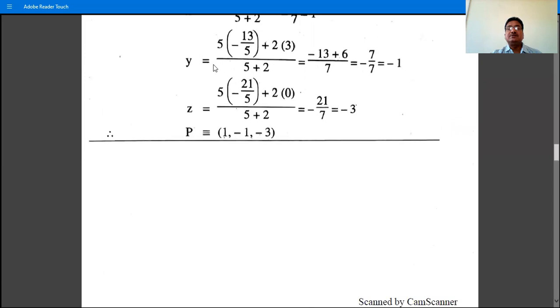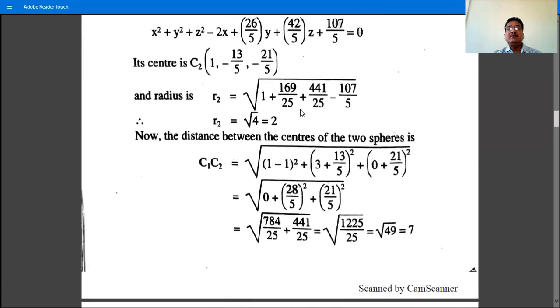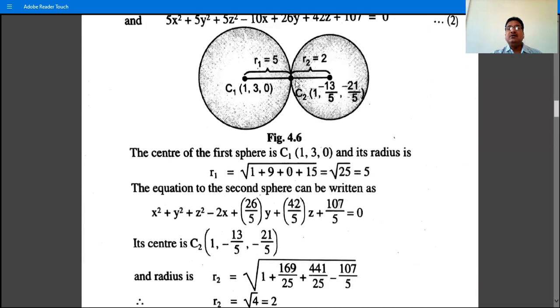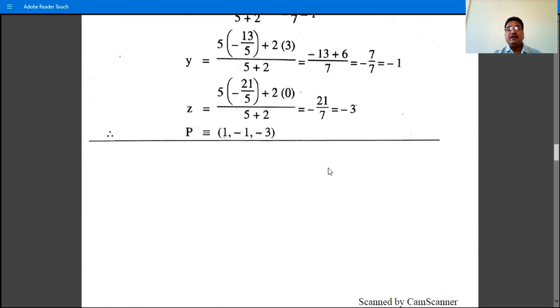That is again minus 1 as the answer. And what is z? Z is (5 into minus 21 by 5 plus 2 into 0) divided by (5 plus 2), and its calculation is minus 3, and therefore the point of contact of these two spheres is 1, minus 1, minus 3.